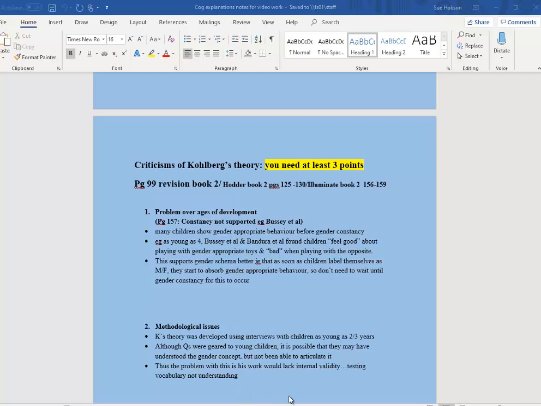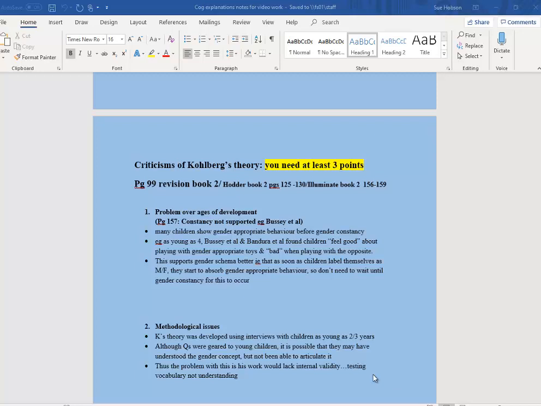Also methodological issues. One key area was that when inquiring about this, they were using interviews with very young children. Although they would be trying to gear the questions to the children, it's possible that the children understood the gender concept but were not able to articulate it, or had some demand characteristics, so they wanted to respond in the way they thought the experimenter was leading them.